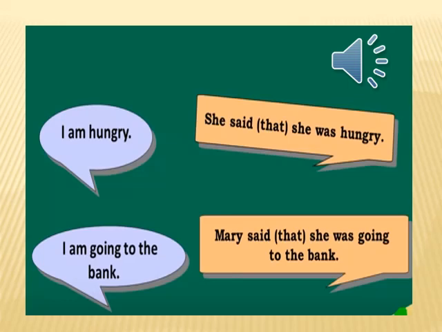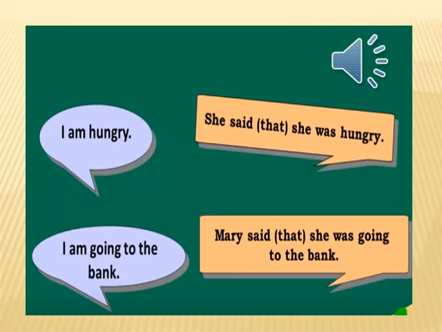No. What did we add? We added that. Is the tense of the sentence the same as the words of the speaker? No. The speaker said, I am going to the bank. But when we wrote it in indirect form, we wrote, she was going to the bank. That means we changed it into the past.